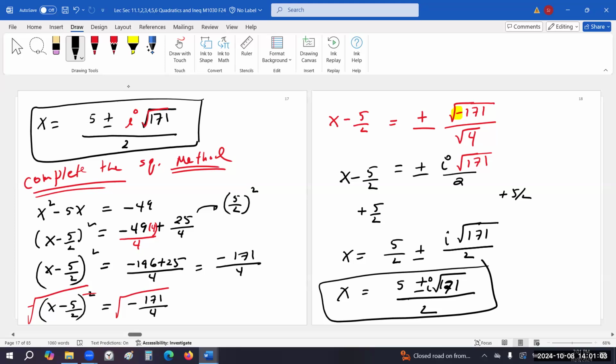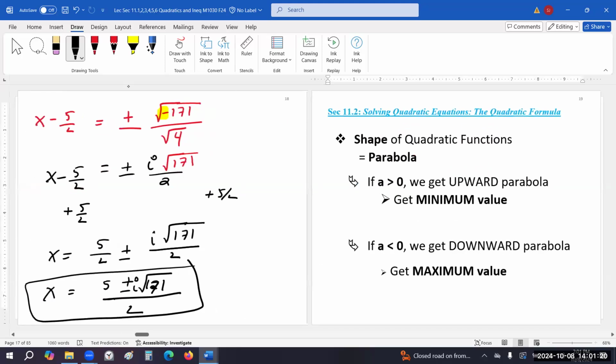Previously, we got two real solutions. Without even solving anything, we can figure out how many solutions we will get just by observing b squared minus 4ac. That's why it's very important. So our next topic is discriminants.